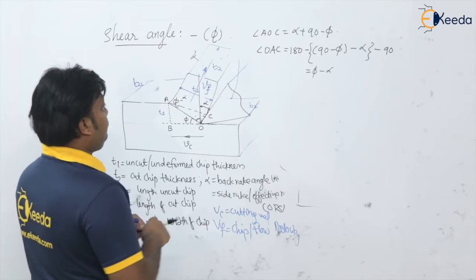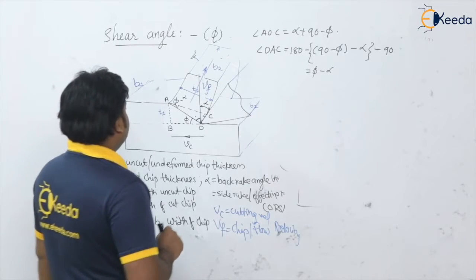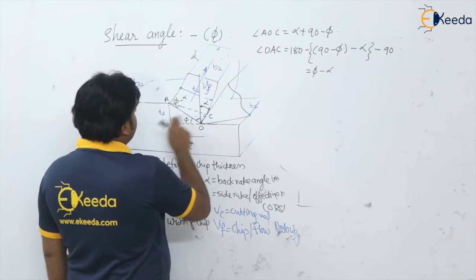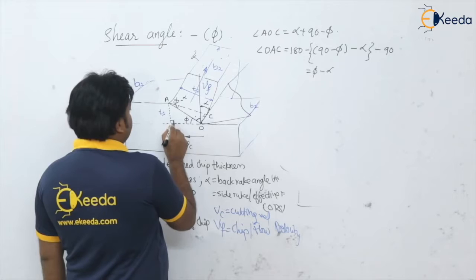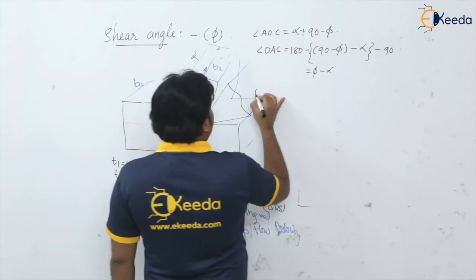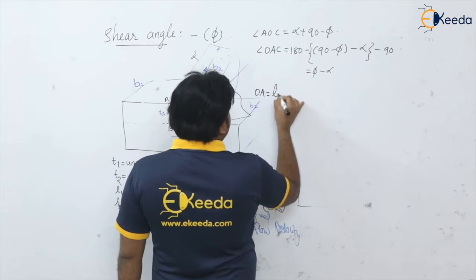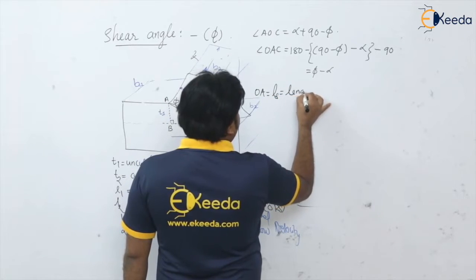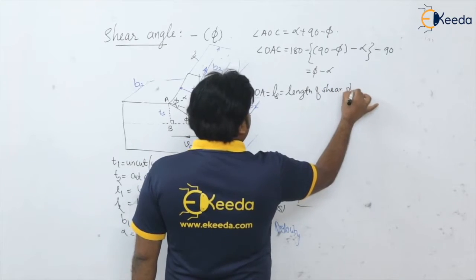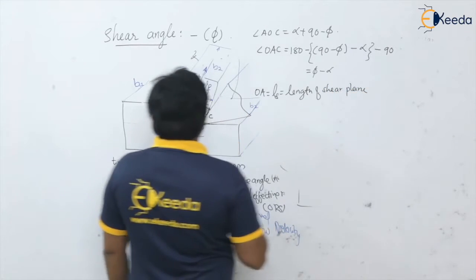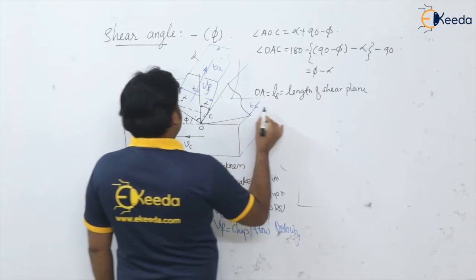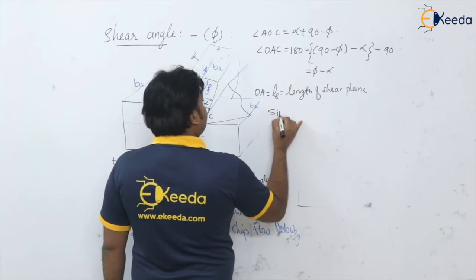Okay, so see here, in triangle OBA, this is 90, and I will write this OA is nothing but our LS, which is equal to the length of shear plane. So in triangle OBA or ABO, what is the sine of phi?